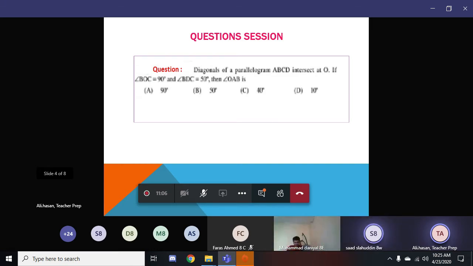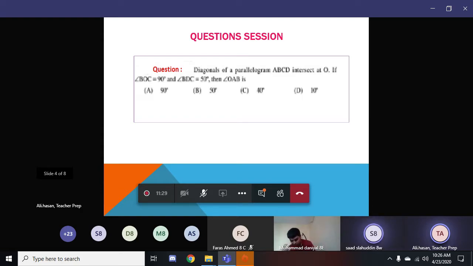Let me read it out. It says diagonals of a parallelogram ABCD intersect at O. So first, you will be drawing a parallelogram ABCD. Then draw its diagonals and the point at which both the diagonals cut each other.